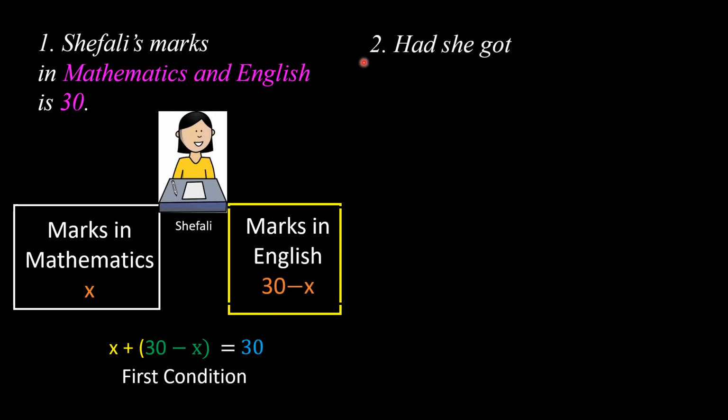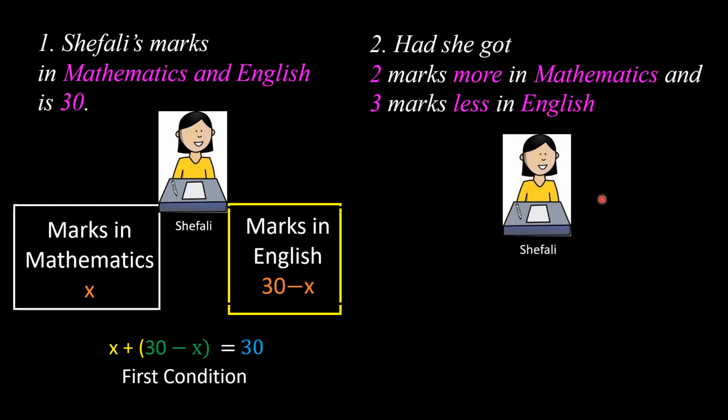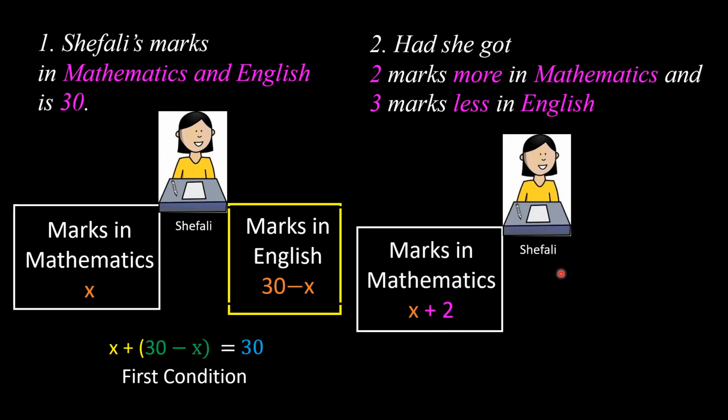According to the second condition, had she got 2 marks more in mathematics and 3 marks less in English, her marks in mathematics were x. Now she has got 2 marks more in mathematics, so now her marks in mathematics become x plus 2.